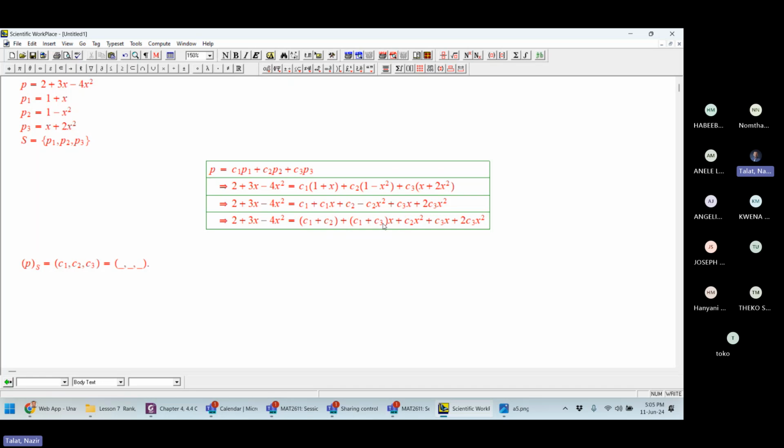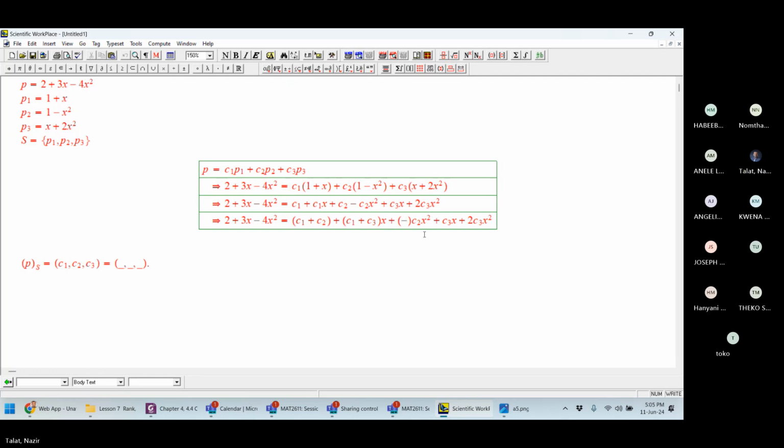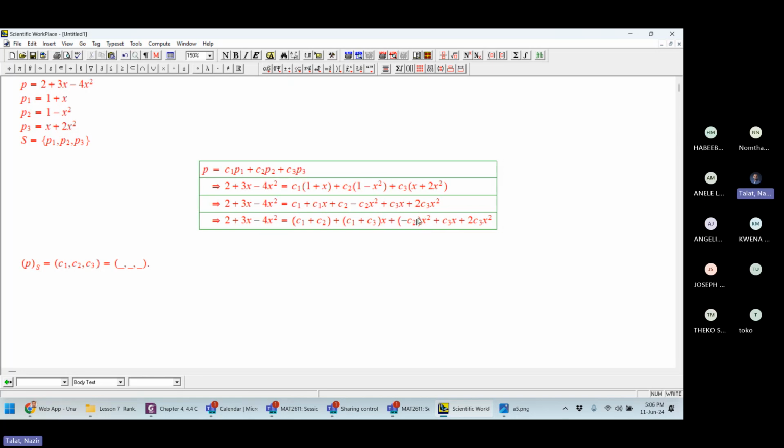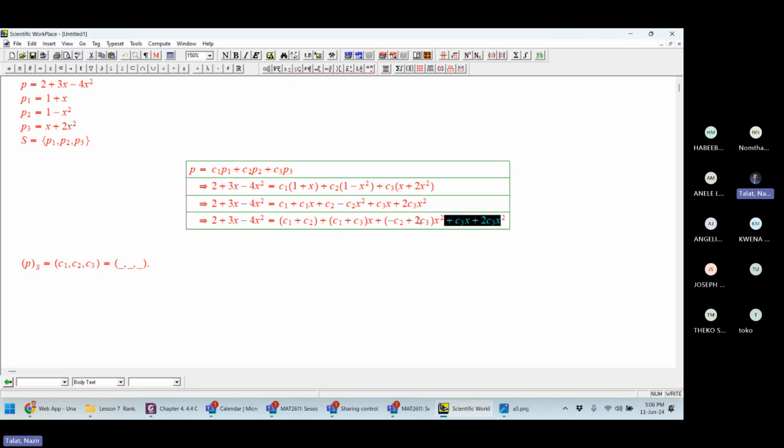Then for the x square, we have some entries: minus C2, and then plus 2 times C3. Just try deleting the rest of the things from there.